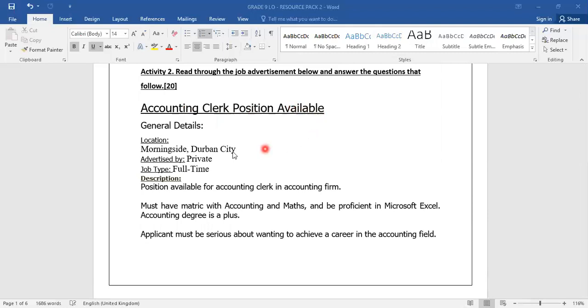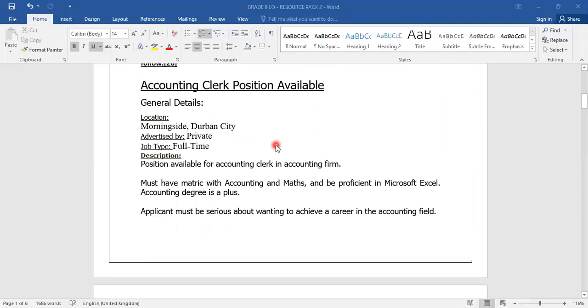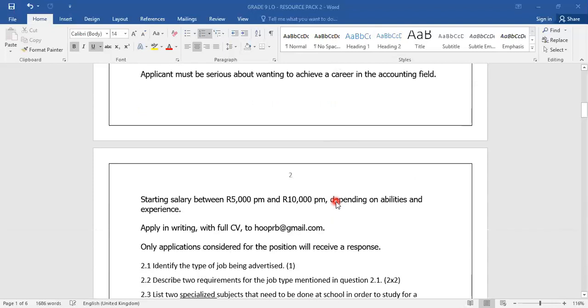The advertisement also provides you with some general details such as the location of where the job will be, who has advertised the job type, be it full-time or part-time or casual, a description of what the job entails, the requirements of the job position, as well as the salary for the person who ends up getting the job, as well as the place to which the applicant's CV should be emailed to.